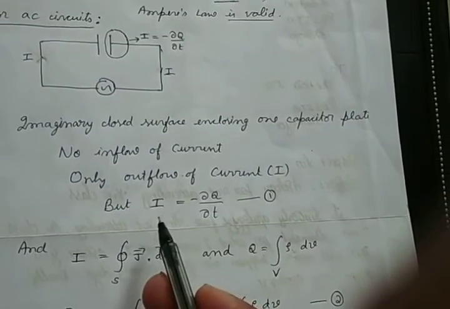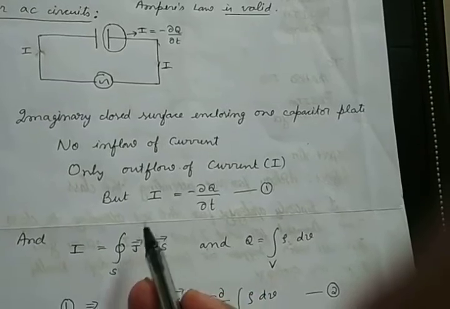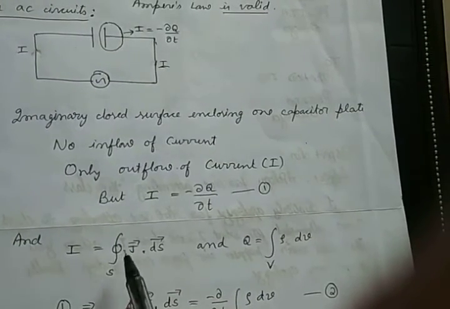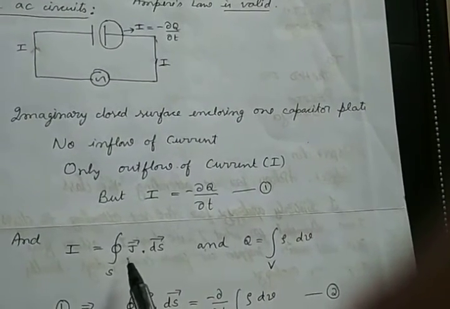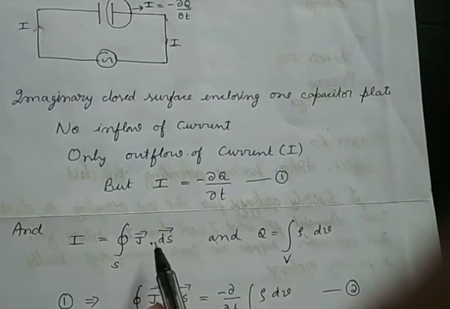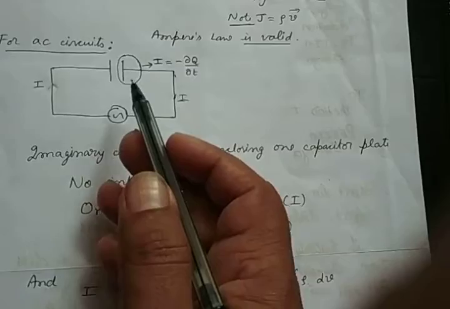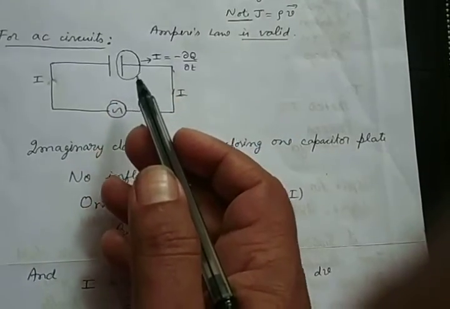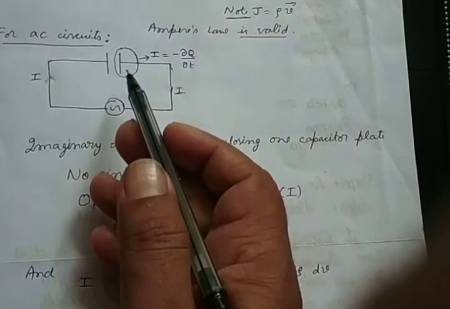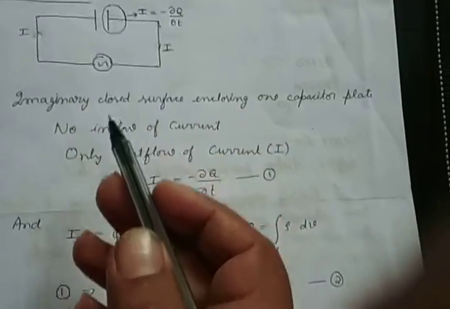Now let us rewrite this equation by considering the current I as the closed surface integral of J bar dot dS bar, taken over this imaginary surface enclosing this plate.